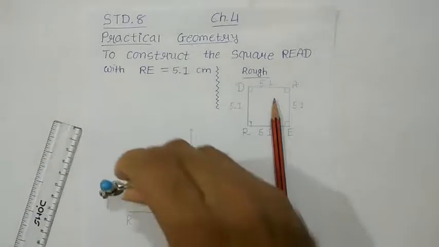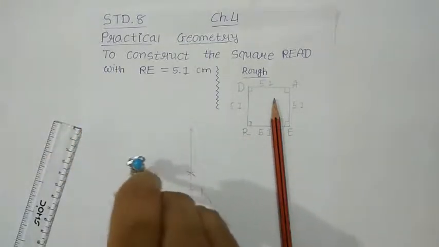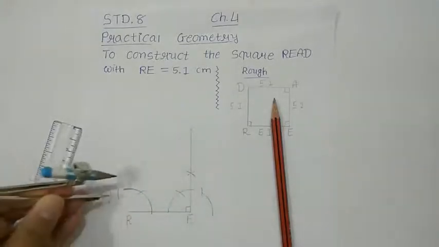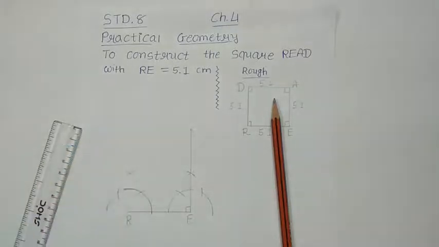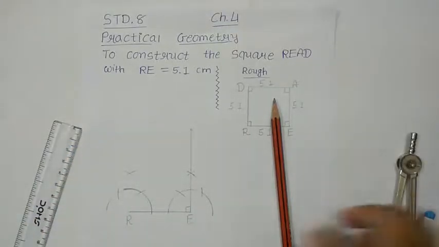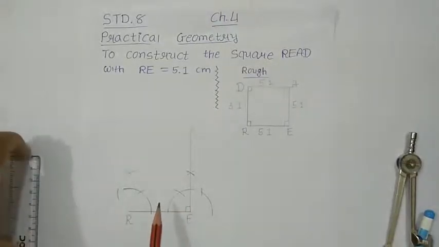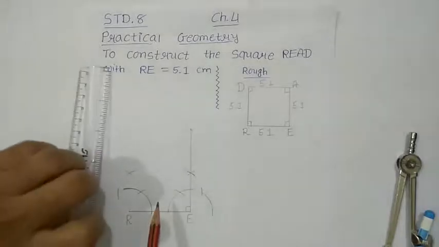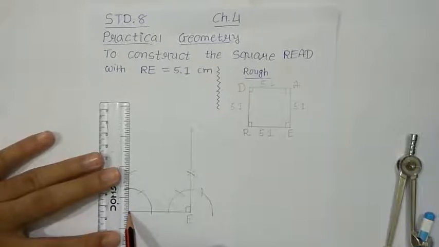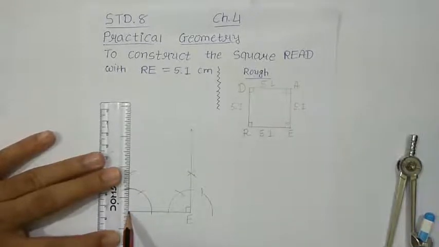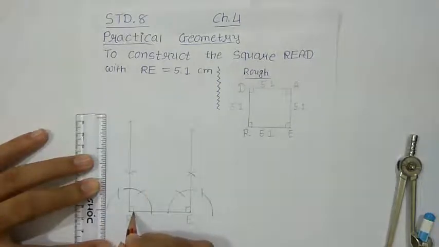Take it as a center and draw one more arc with the same radius, and by taking this point as a center, draw an arc here. Here also we get one more point, right? Now join R to this point. When we join these 2 points, again we get a 90-degree angle.